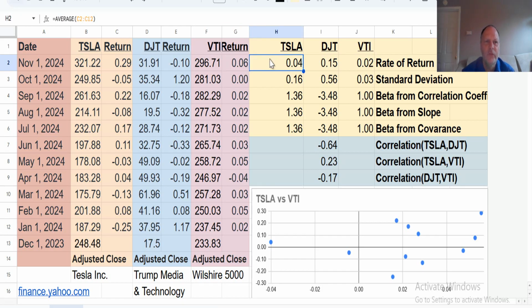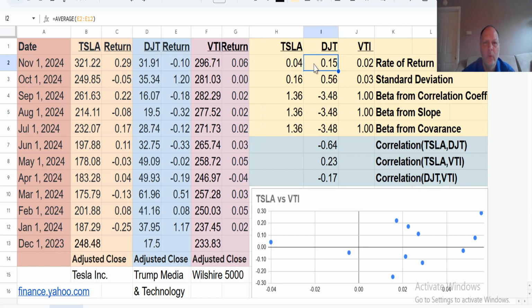To get the average rate of return, we just use the average function and average the rates of return for Tesla using what's shown up here, average C2, the beginning of the data column, colon C12, the bottom of the data column.